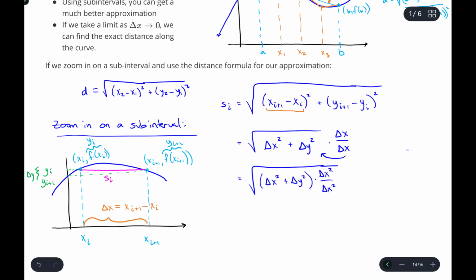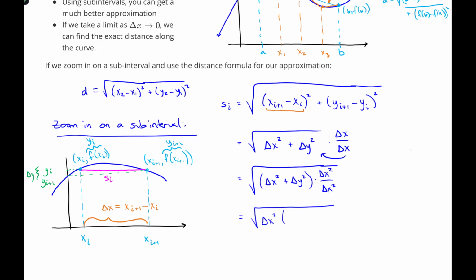Now, in doing so, I could actually multiply this into this set of parentheses and simplify some things. But I'm not going to multiply both terms. I'm just going to multiply the denominator one. So I'll leave the delta x squared from the numerator out front, and then I will make this delta x squared over delta x squared plus delta y squared over delta x squared.